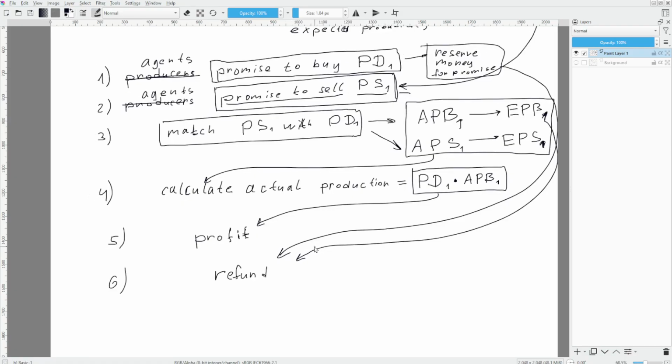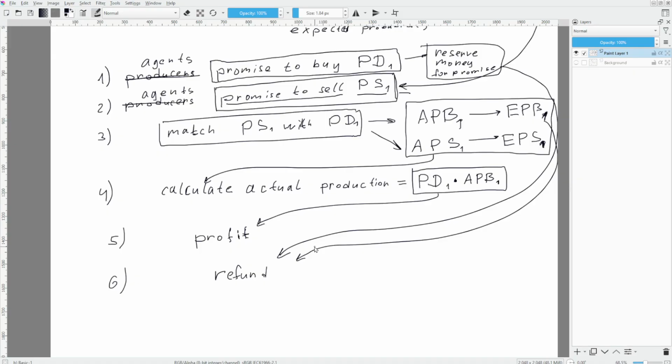So, for example, if we promise to buy 10 units of iron, and there was no iron, actual probability to buy was equal to 0, then we were not able to buy anything. It means that the game refunds us the full amount of reserved money.